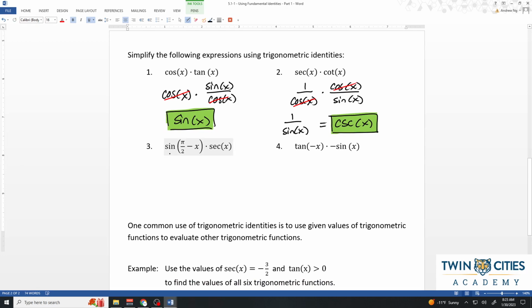So this will just be cosine of x times the secant of x. Secant and cosine are reciprocals of each other, so this will be 1 over cosine. Now I think of this cosine as cosine over 1. This is 1 over cosine. These will divide out, leaving just 1.